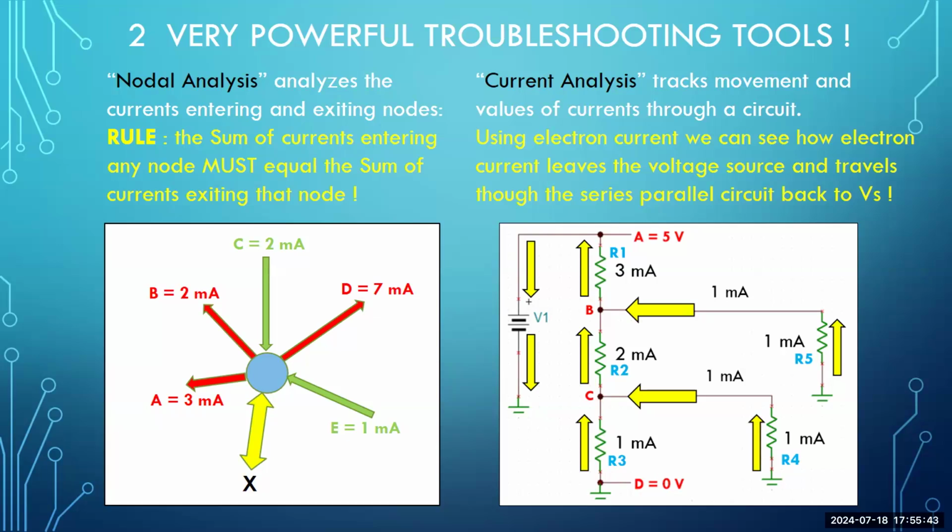So in the yellow, I've stated using electron current, we can see how the electron current leaves the voltage source downwards to the ground symbol and travels through the series parallel circuit back to the voltage source.